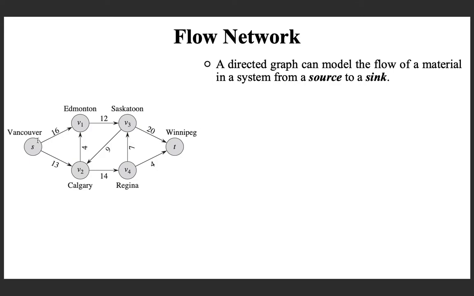There is a road connecting S and V1 which are junctions, and the numbers are the capacity of that road, meaning the truck which is going through that road can hold maximum 16 units of that product, maybe 16 boxes.